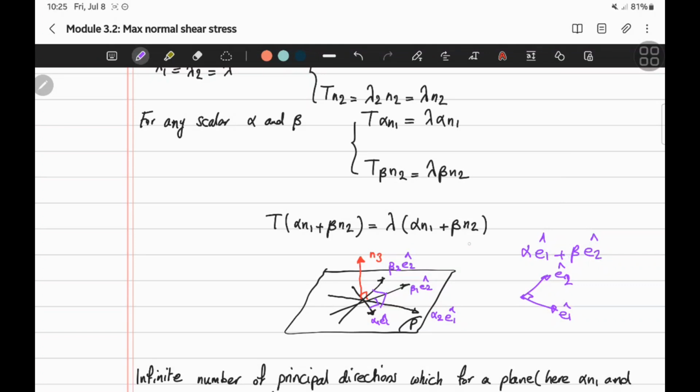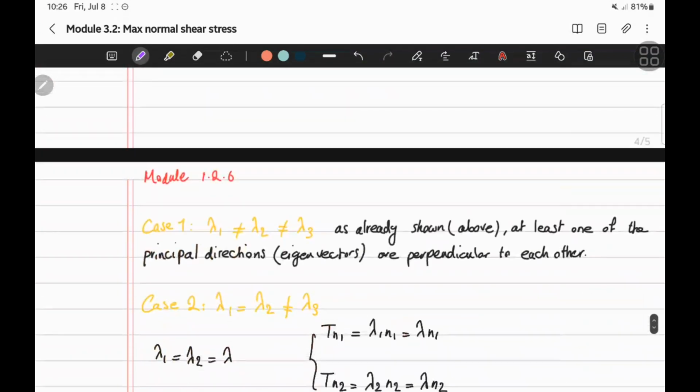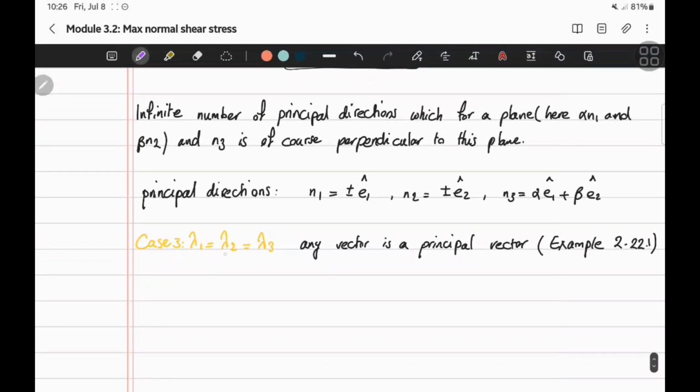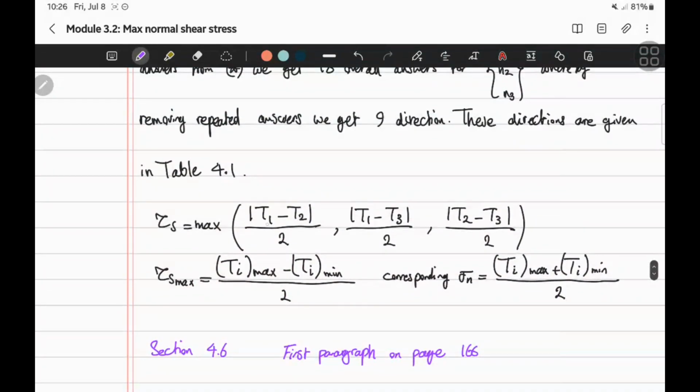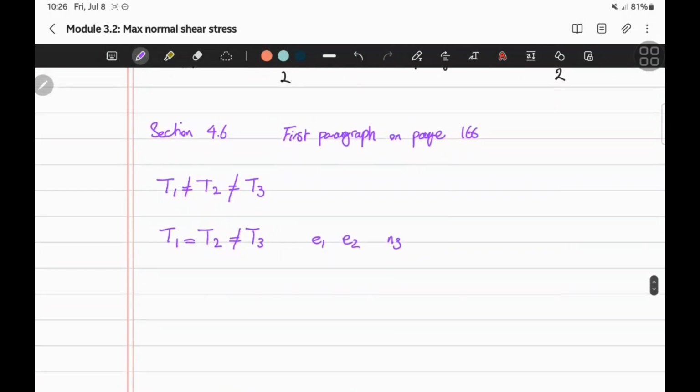So that's why we have an infinite number of planes. And then we have the case where T1 is equal to T2 is equal to T3, and so any vector becomes a principal vector. So tau s, or the maximum shear stress, becomes the maximum of 0, 0, and 0. So it basically vanishes.